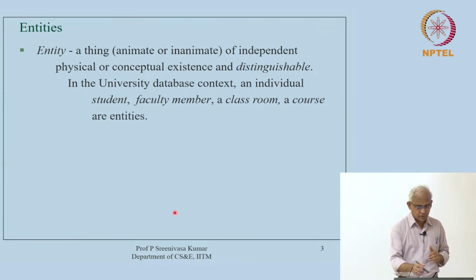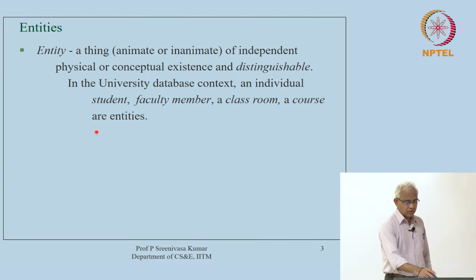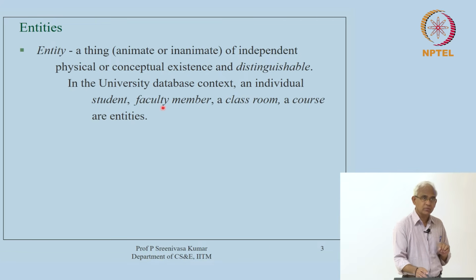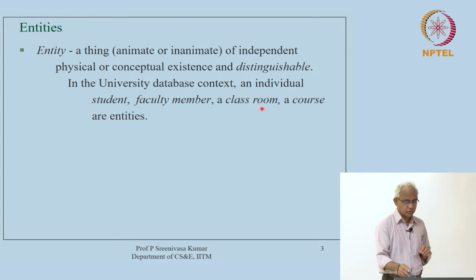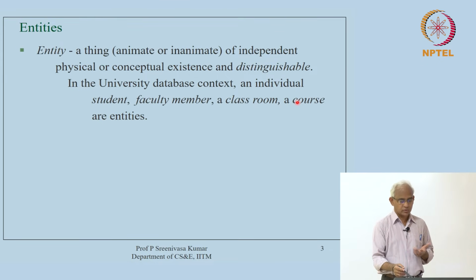Okay, first let us look at some examples of these entities. In a university database context, let us say each individual student, each individual faculty member, a classroom, a course, all of these can be thought of as entities. Now, you can see that the student, faculty member, a classroom, these are real physical things, whereas a course is a conceptual thing, right.